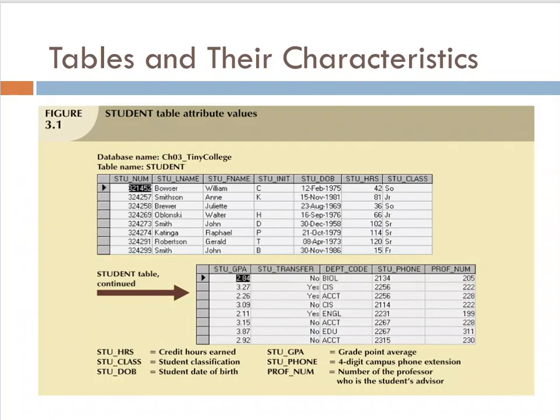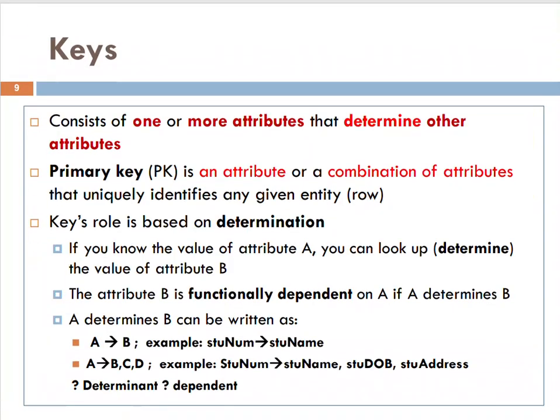Let's look at this example, figure 3.1. Student table attribute values. Okay. For example, the domain for student CGPA is 1 up to 4. Okay. Next, we move to keys.